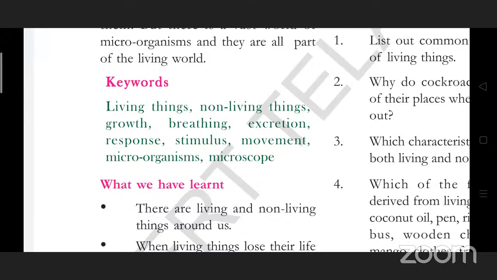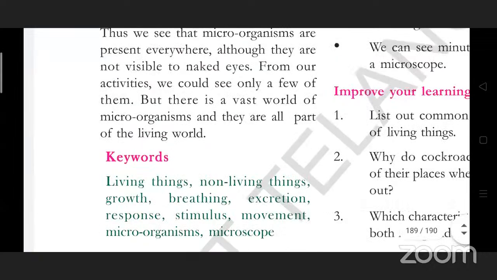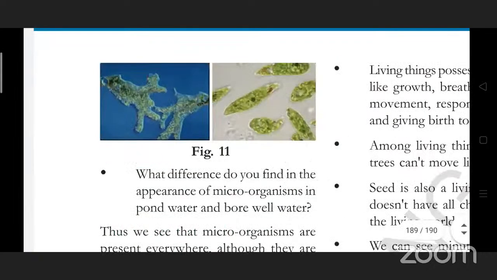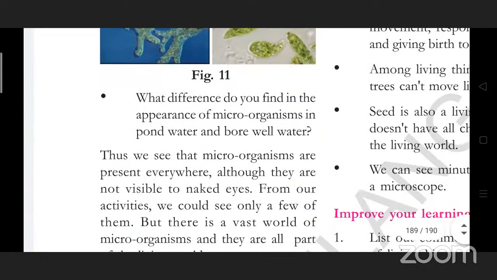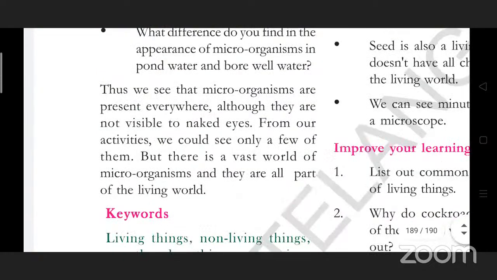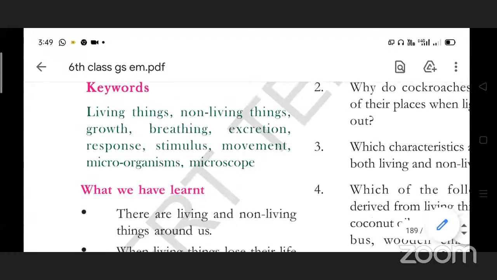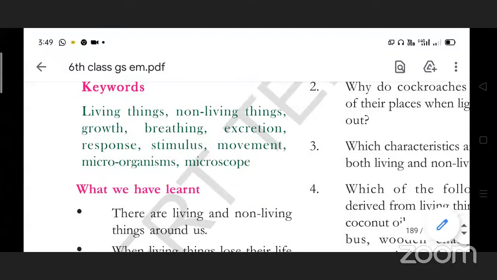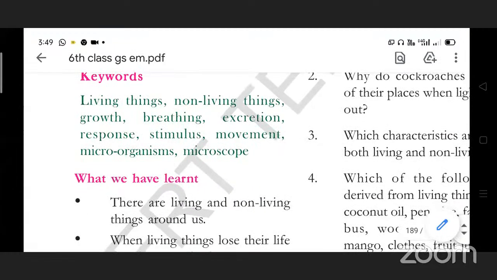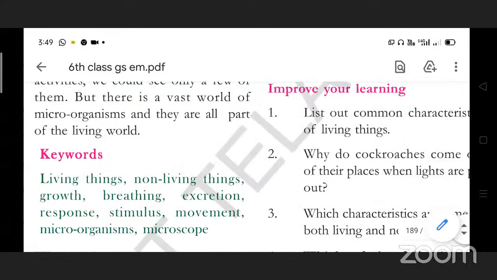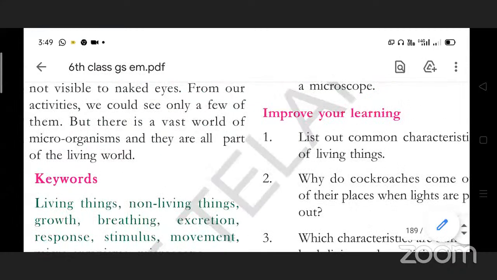All these things we discussed in detail. So living things and non-living things are completed. Tomorrow we can discuss the IIT class. Now I am going to ask doubts.